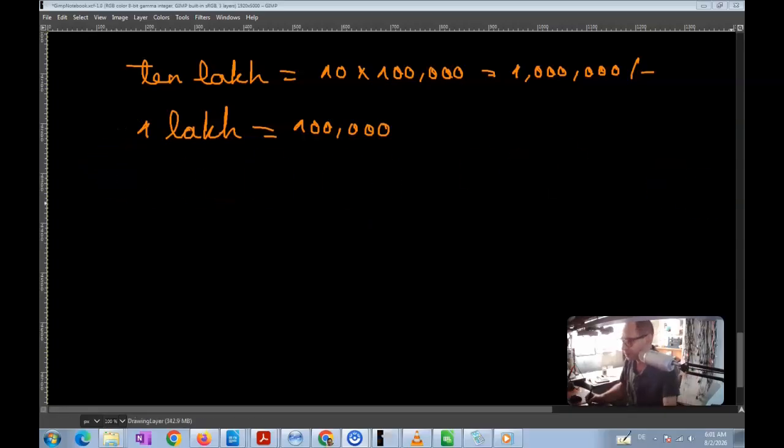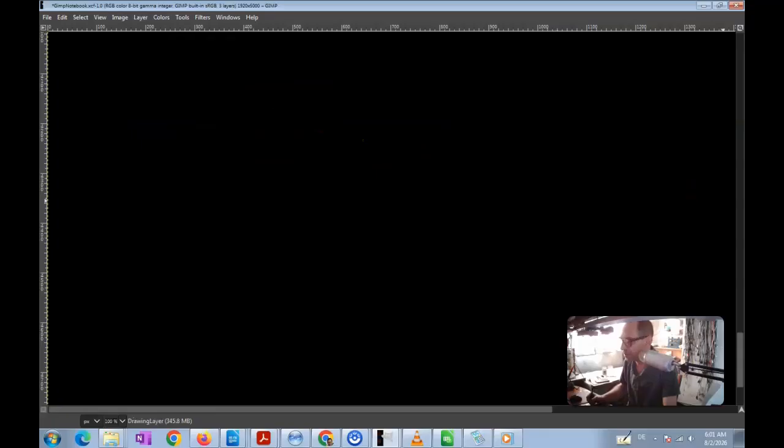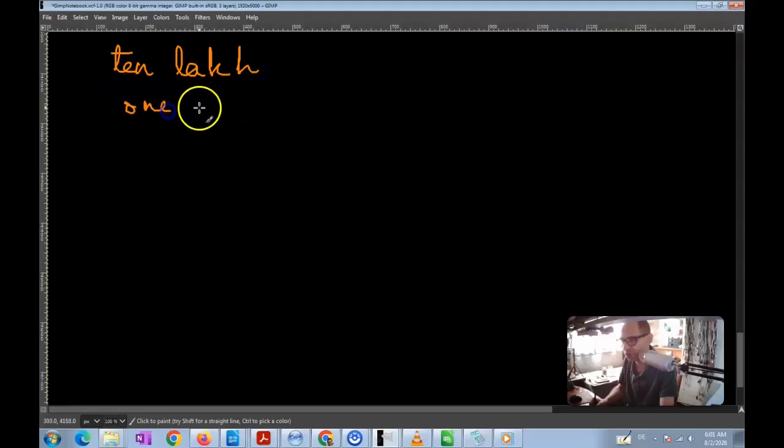Now we have 2 more numbers that are used in the Indian system of numbers. One of them is 10 lakh, and one of them is 1 crore.